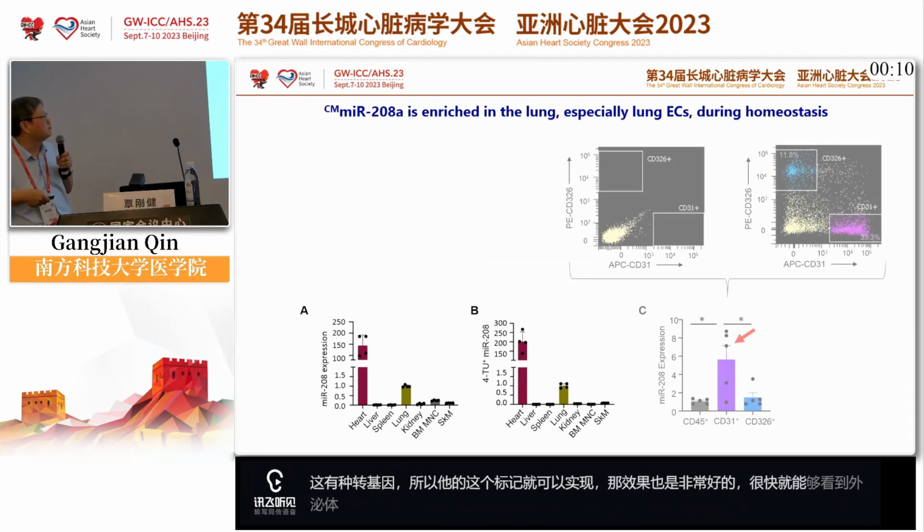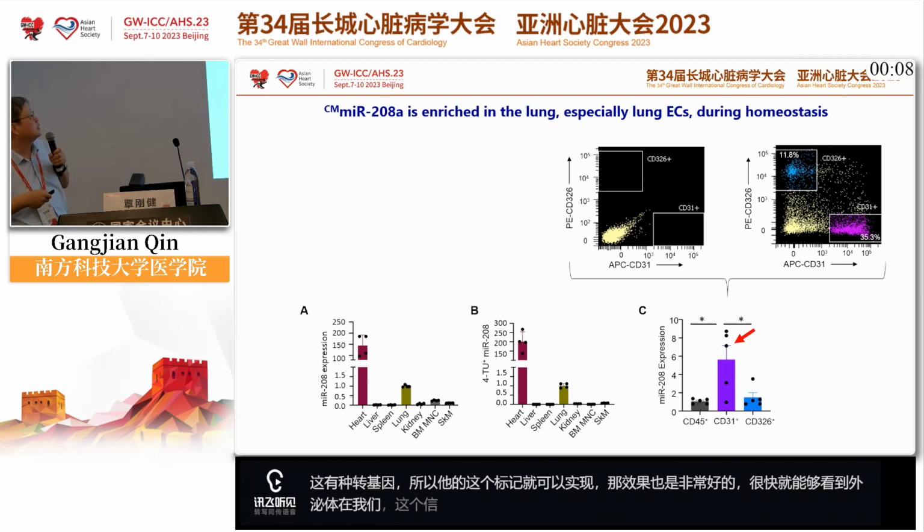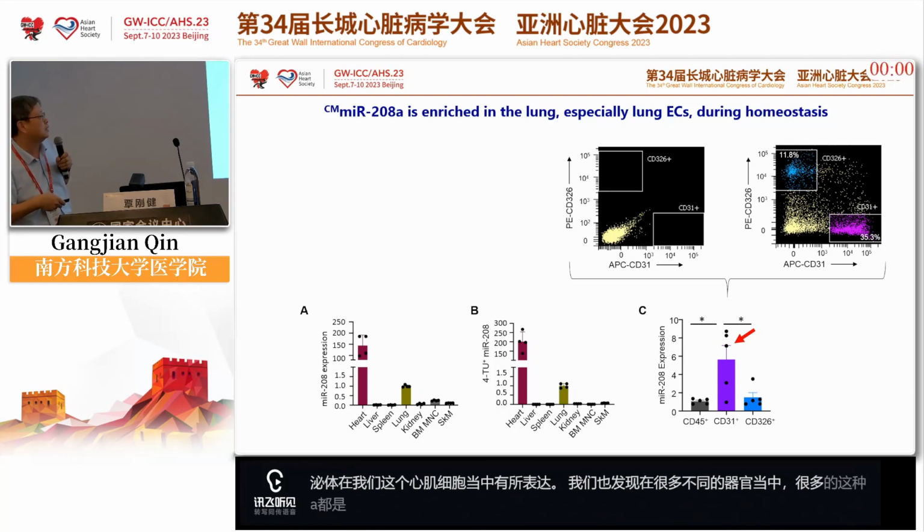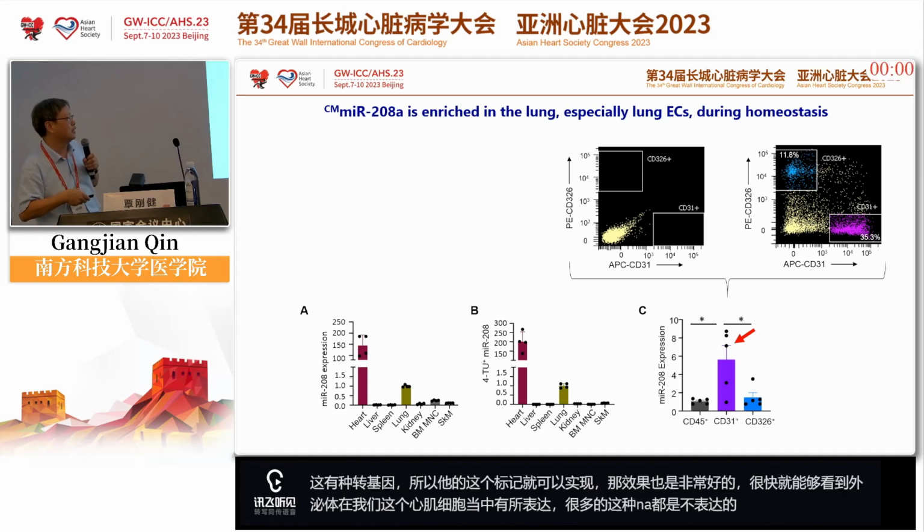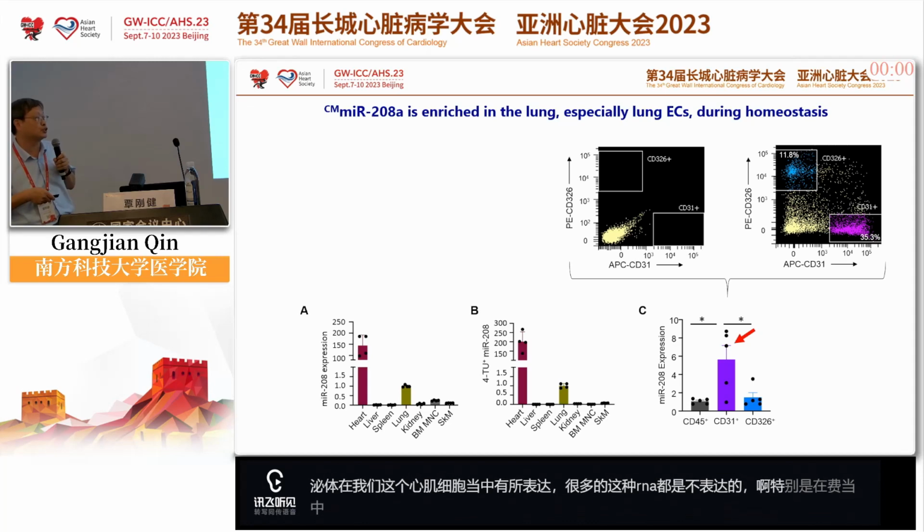We also found that out of many different organs, the lung expresses a lot of this cardiac-labeled microRNA, particularly in the lung endothelial cells, and also in the epithelial and bone marrow-derived lung cells.